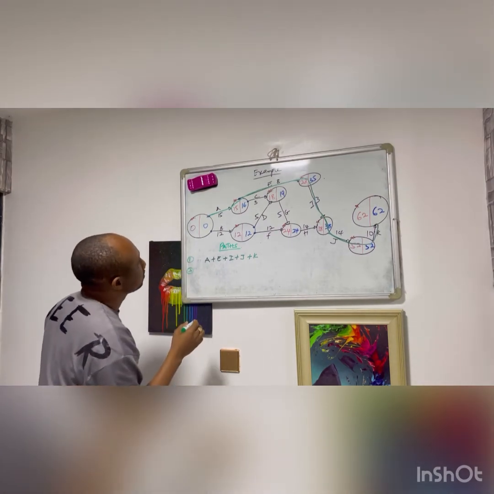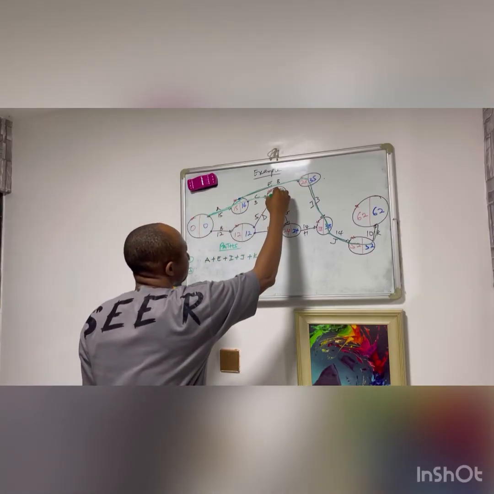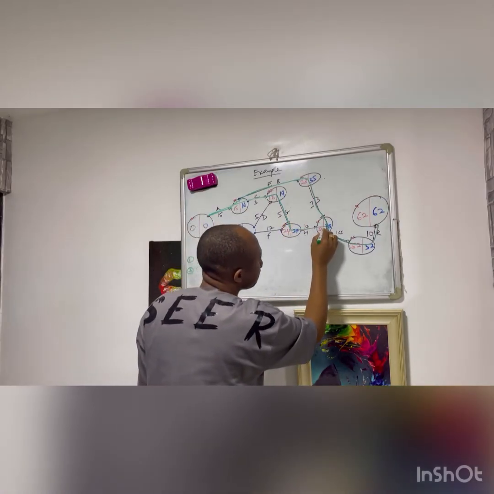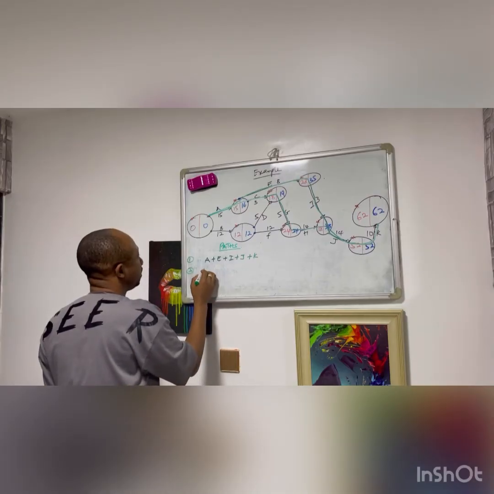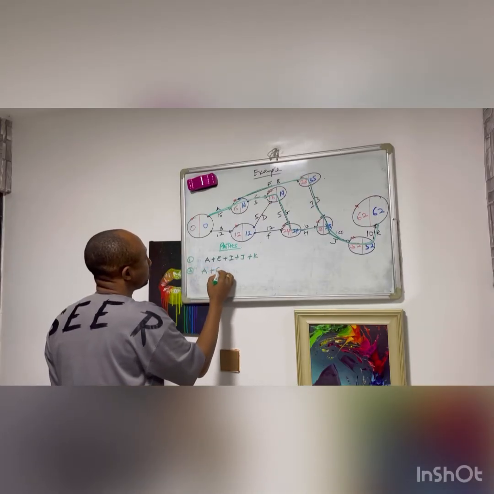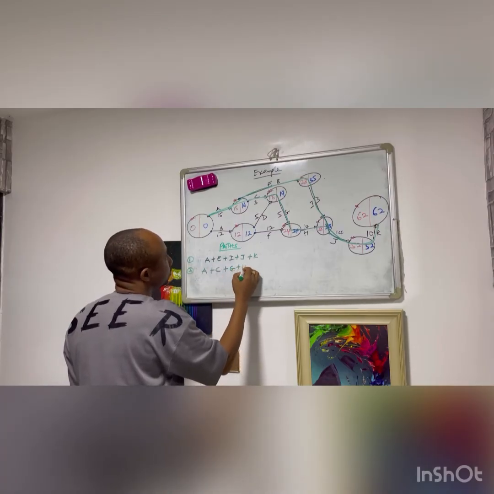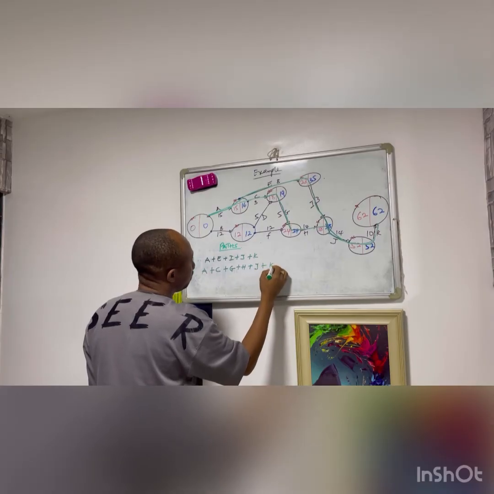Another part can be this, then like this, then this, then this, and then this. I have A plus C plus G plus H plus J plus K.